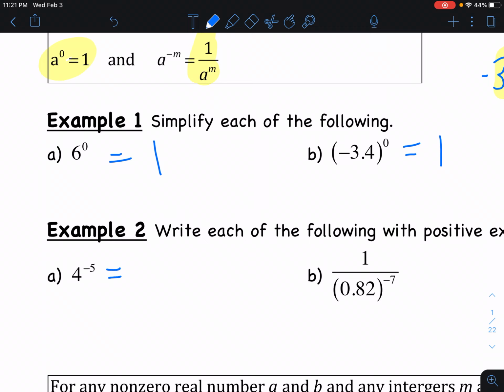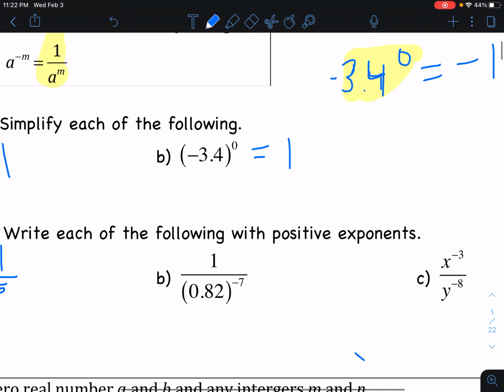So when I see a negative and I don't have a fraction, I make a fraction, and then I move the power to the denominator. If I have nothing left on the top, make sure to put a 1 there. So it's 1 over 4 to the power of 5. Letter B, the negative exponent is in the denominator.